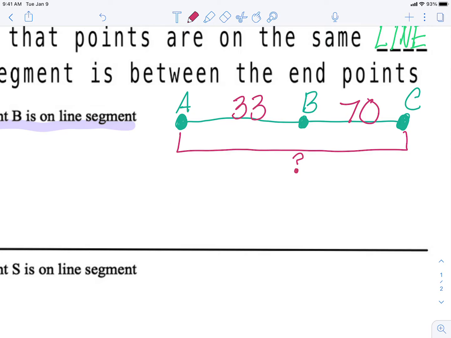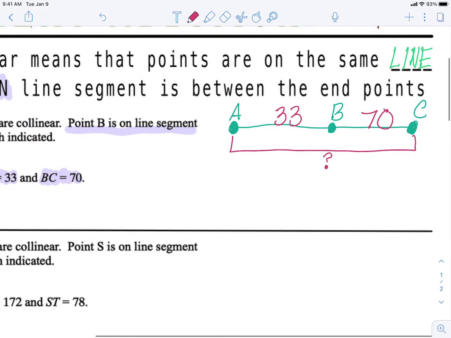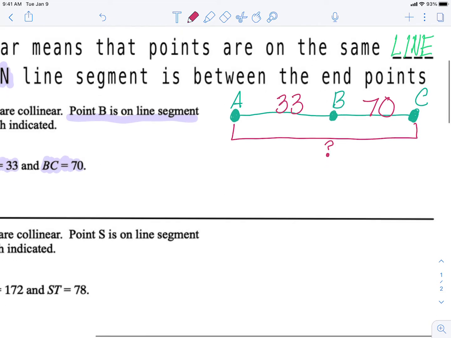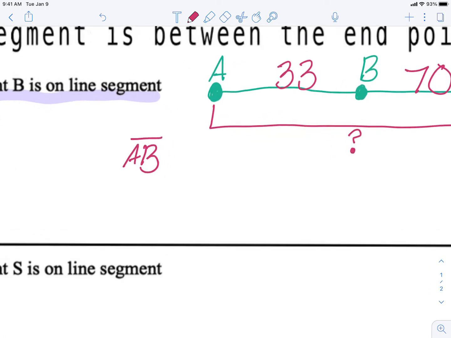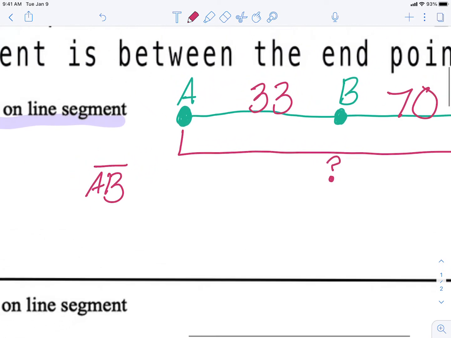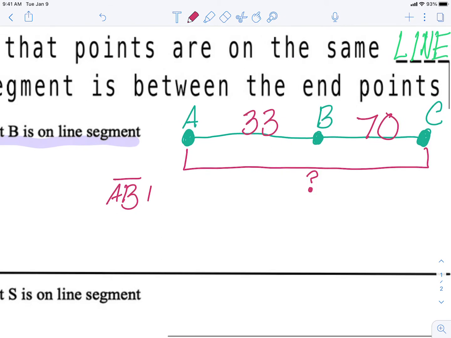So we're going to find what's missing. What's missing is A to C. We know how to set this up, right? So let's set it up. The first short segment is AB. The second short segment is BC.